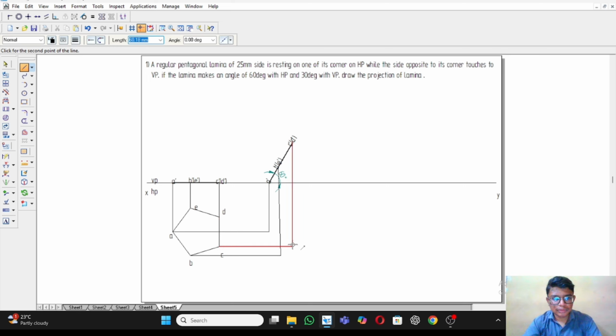From C to C dash. From D to D dash. And the final one E to E dash.